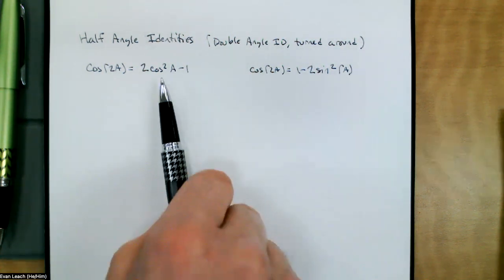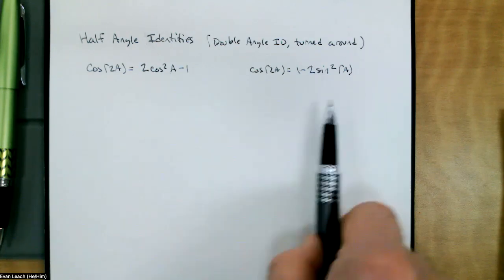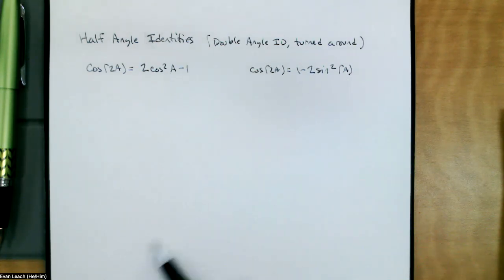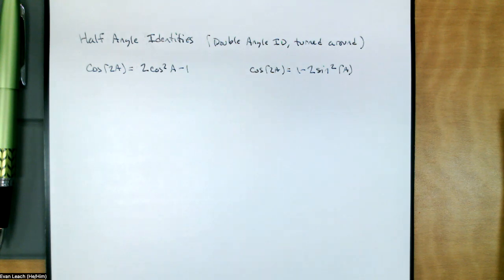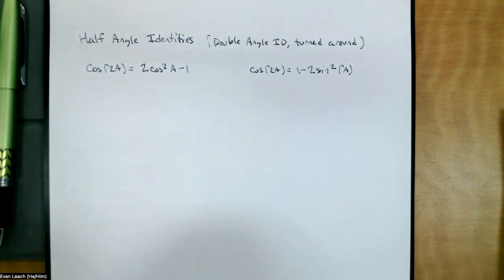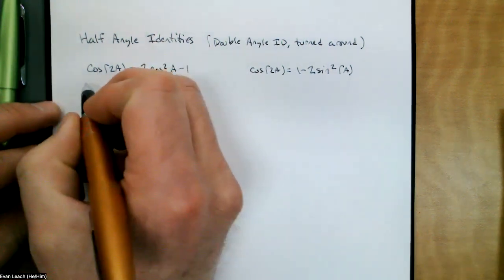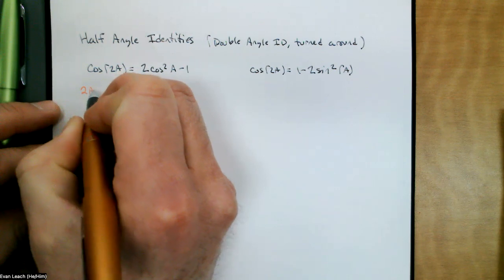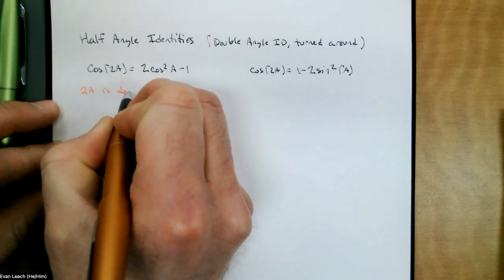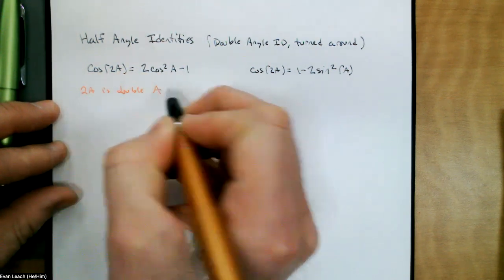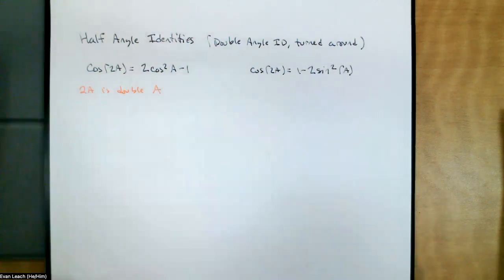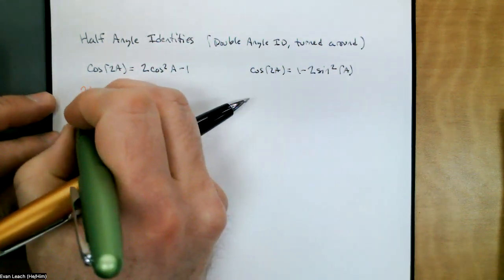So what we're going to do is solve for cosine of A and then solve for sine of A in our double angle identity for cosine. We're just going to take our double angle identity and turn it around. 2A is double A, so that means A is half of 2A.